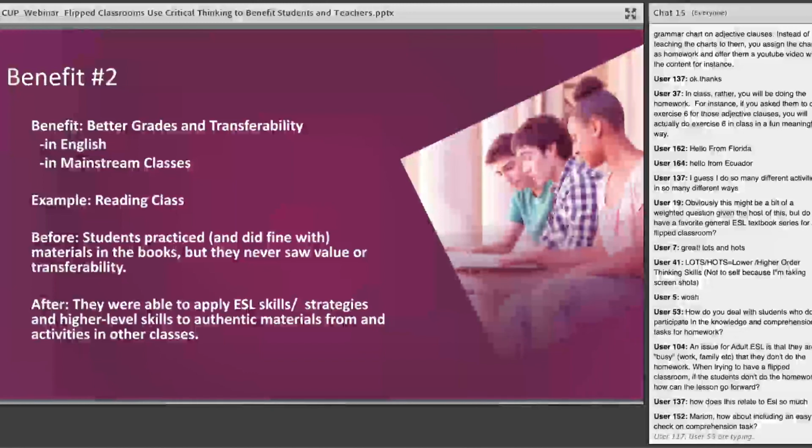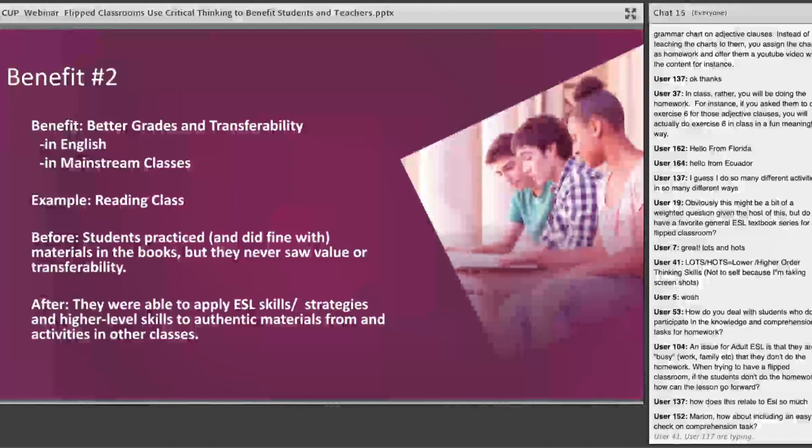At my university, my job is to make sure that they can succeed in their biology, engineering, science, math, literature, history classes. And I was afraid my students in my ESL class were only seeing the skills I was teaching as useful for my classroom. We need to make sure that students can use these things outside of our flipped classroom.